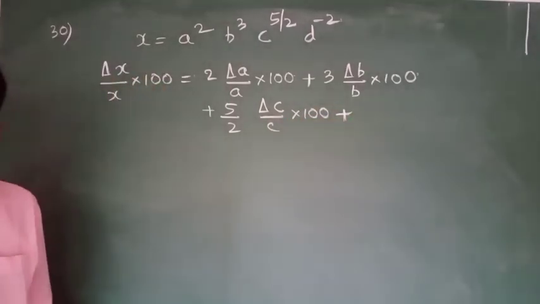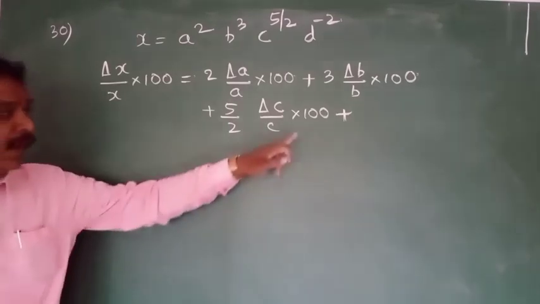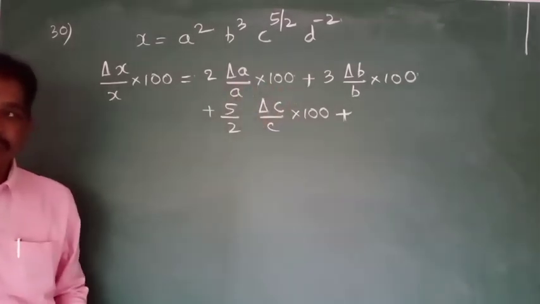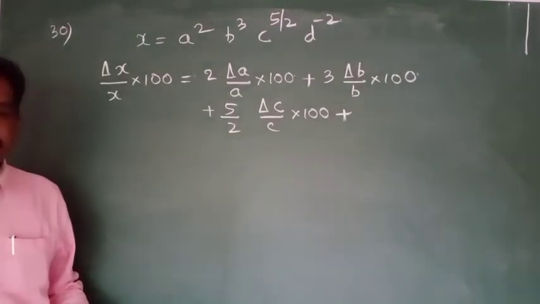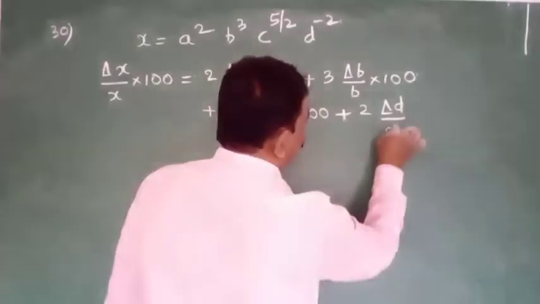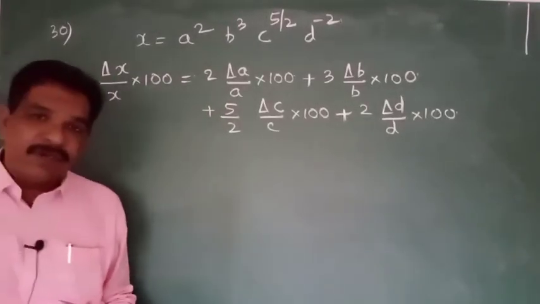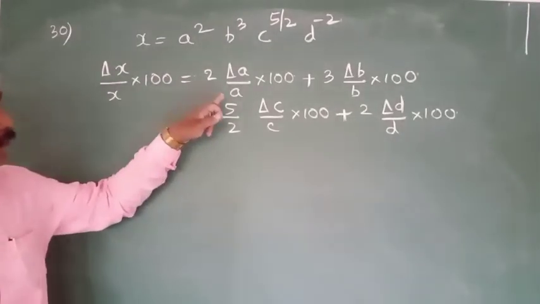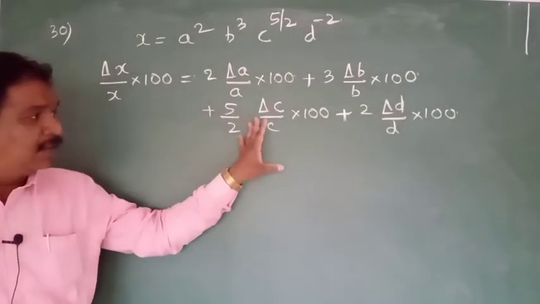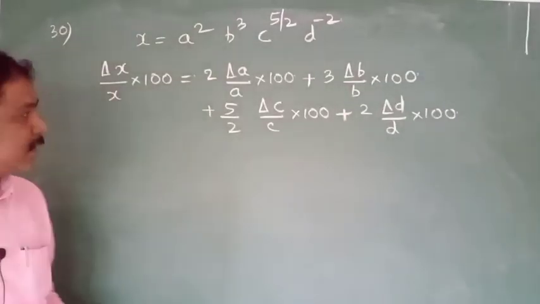Here D power minus 2 is there. Whether minus 2 or plus 2, always you have to calculate the maximum possible error, so you have to take it as plus only: 2 into delta D by D into 100. The point is clear. Whether the power is positive or negative, to calculate the maximum possible error, always take it as plus.